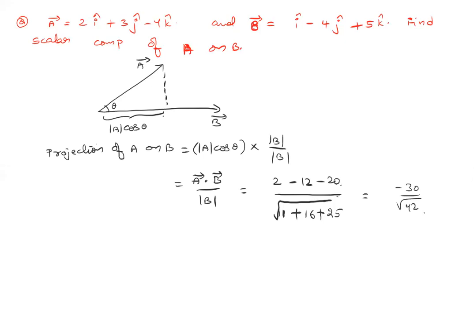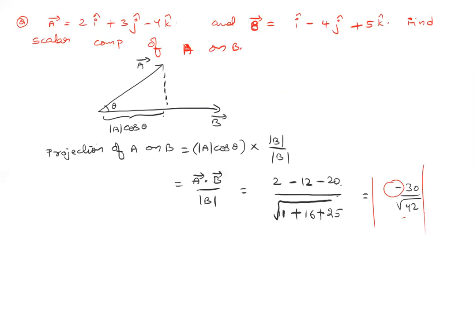If you consider only the magnitude, you cannot have a negative value unless the angle is obtuse. Here the angle is obtuse, not acute, so that is why you are getting a minus sign, but usually you consider magnitude alone.